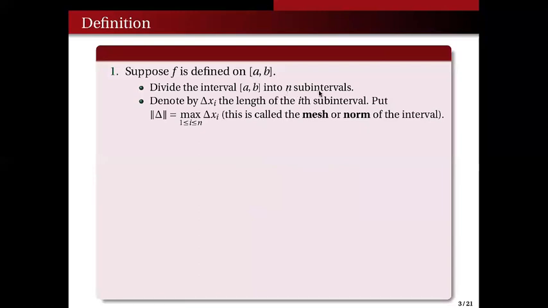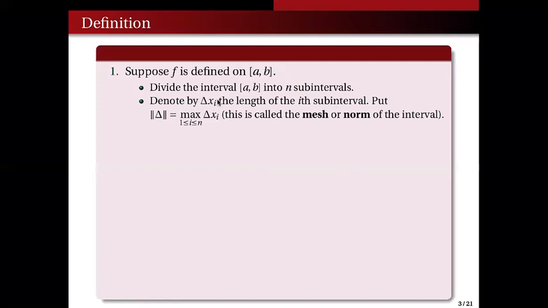So we will divide the interval AB into n subintervals. Okay? And since the subintervals may not have equal length, the subintervals may have different lengths. Each subinterval will have its own representation for the length. So let's just denote delta x sub i, the length of the ith subinterval.